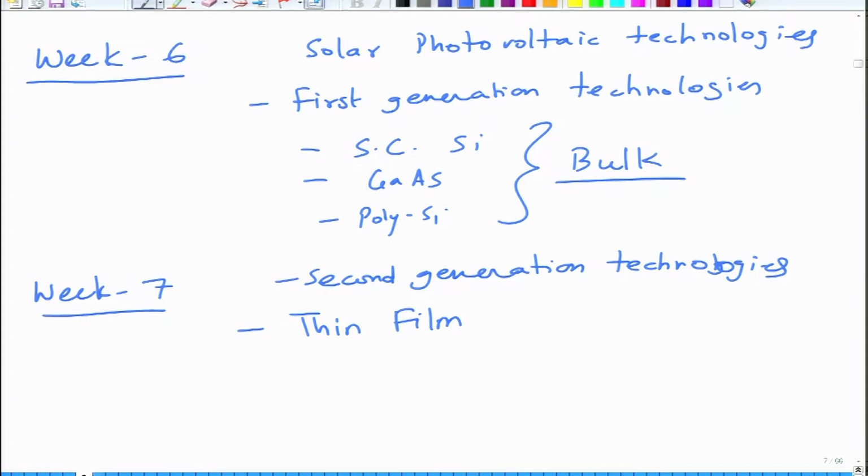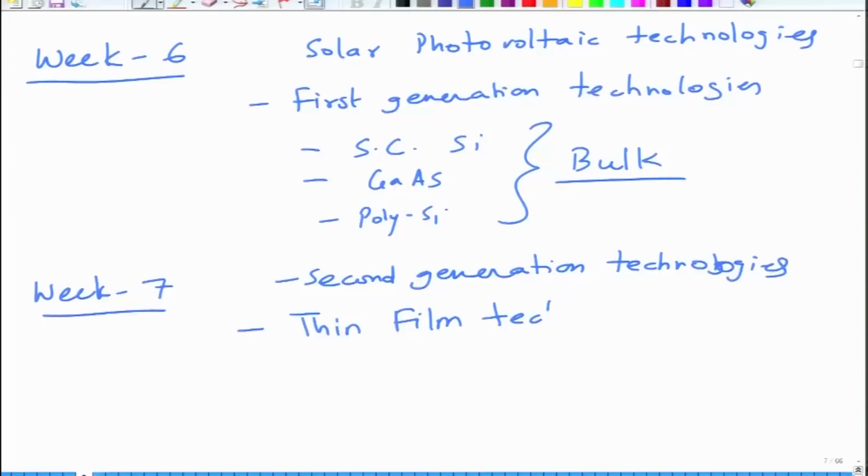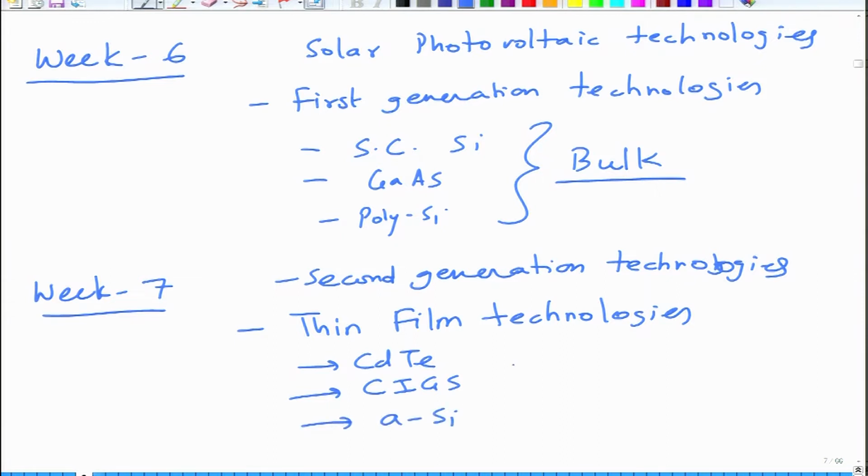In the second generation technologies, the amount of material was reduced by depositing the material in thin film form. These are primarily based on cadmium telluride, CIGS or copper indium gallium selenide, and amorphous silicon. So these were the 3 major technologies which evolved as second generation solar cell technologies.